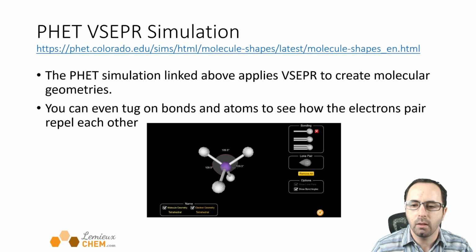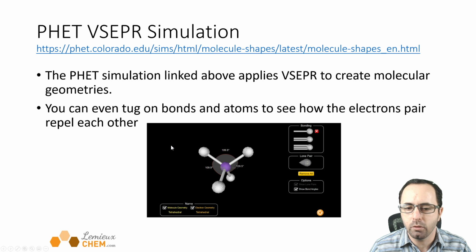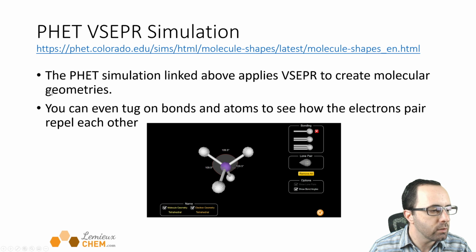It applies VSEPR to create molecular geometries, and the cool part is you can tug on the bonds and the atoms and see how the electron pairs repel one another. I'm going to try to open that.